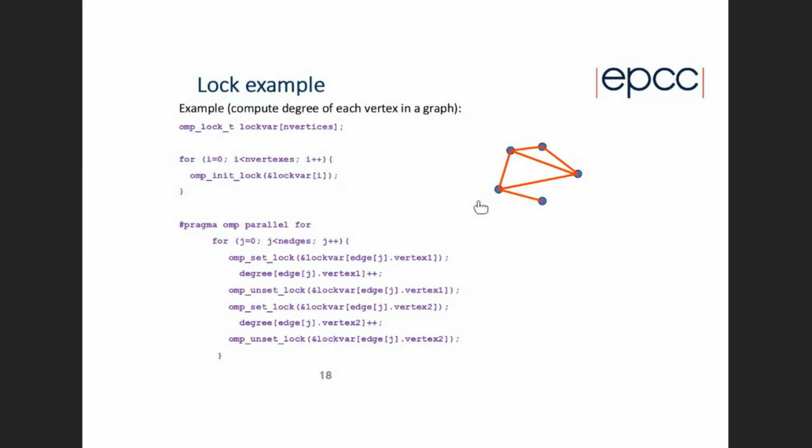But what I can do is, if I have exactly one lock corresponding to every vertex, then whenever I want to update a particular element of this degree array, I would set the corresponding lock, do the update, and then unset it again. And then the same for the other vertex.